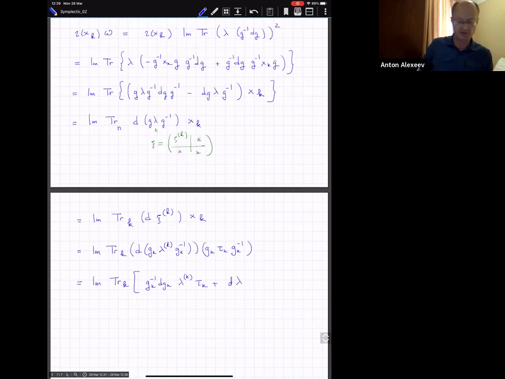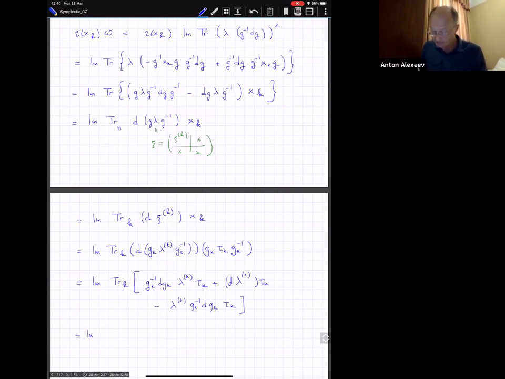I think I missed the minus sign somewhere, but okay, so be it. And minus lambda k g_{k-1} dg_k tau k. Okay, good. So what?